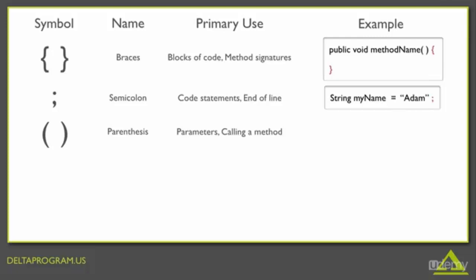They can also be found when calling a method or initiating a method. As an example, you might see an ask name method, and input would be my name, Adam. So you'll see these parentheses wherever something's being passed in, being offered up as an input.